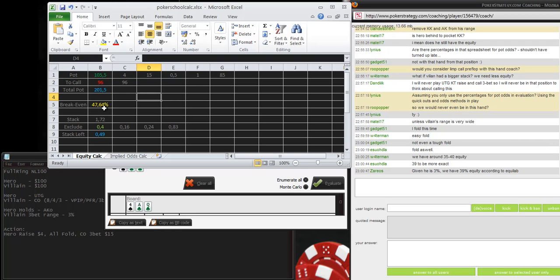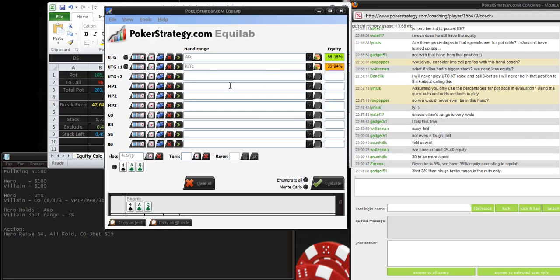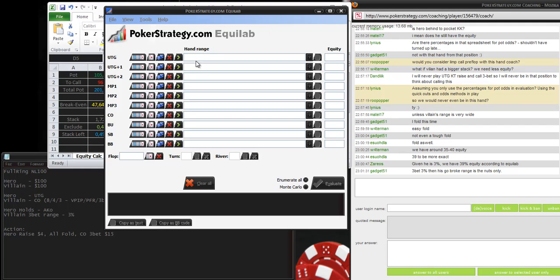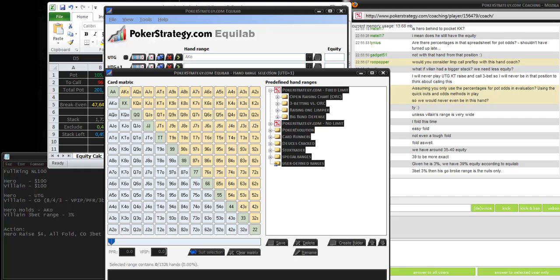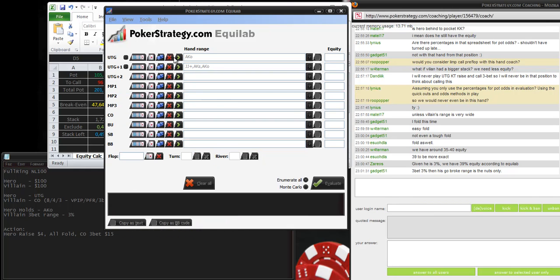And as you see, we would need almost 48%, which we will very likely never get, and it's just for proof to show you. Let's put the opponent on something specific like Jacks plus, Ace King. It's very likely his free bet range, maybe even sometimes not that kind of range.